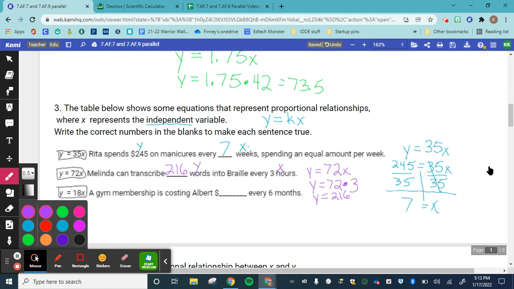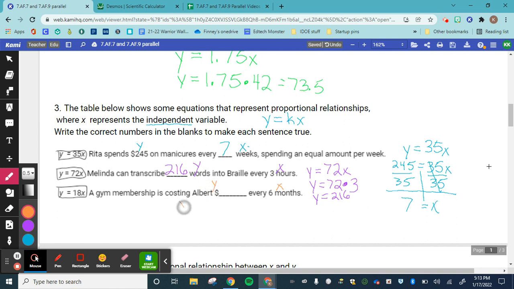And our last part of question 3, y equals 18x. A gym membership is costing Albert how many dollars every 6 months? So time, once again, is usually the x. So 6 months is our x, which means that the money for the membership is going to be the y.